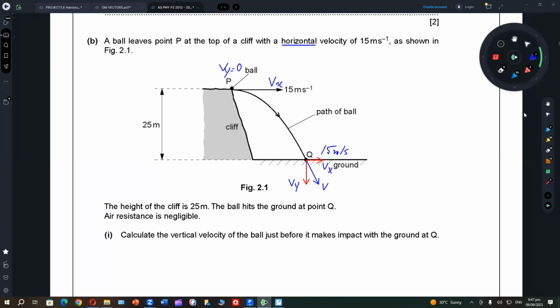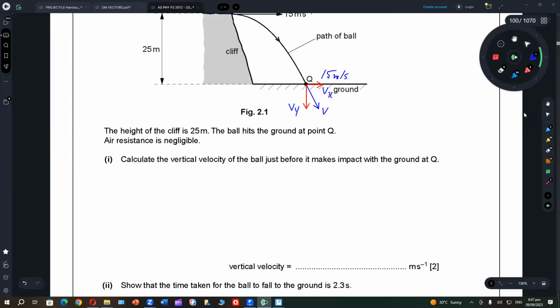Vertical component of velocity is 0 at the start. It's a downward motion, so for the downward motion, acceleration will be equal to plus 9.8. u is equal to 0, and S is 25 meters.